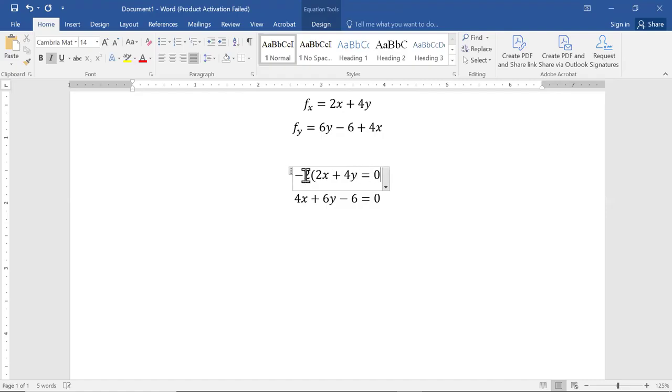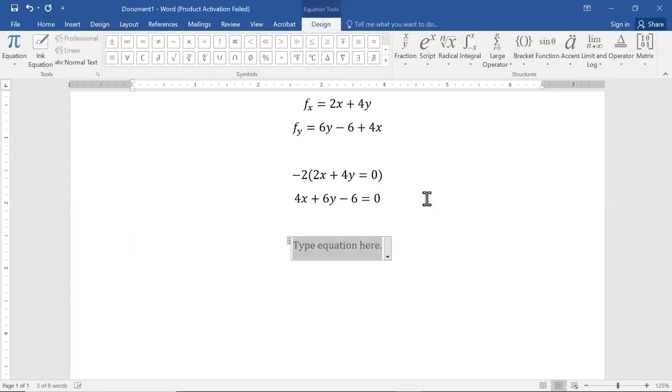Both sides, I've got to multiply by -2. And then on the second equation, I'll add 6 to both sides so everything lines up. I'm using the elimination method in solving this. So you get -4x minus 8y equals 0 for the first equation. And for the second equation, you get 4x plus 6y is equal to 6.